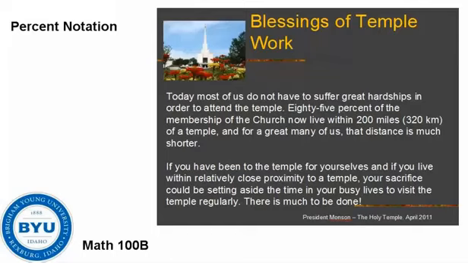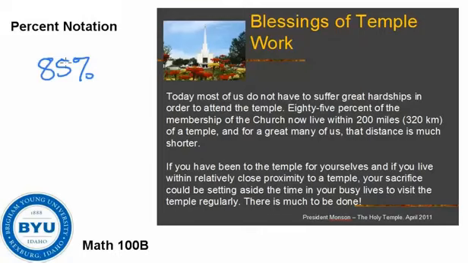Brothers and sisters, this is a great quote, and I love it very much. Not just because of the percent. Notice the percent he gave us is 85%. But also about the power that the temple and the blessings that come from it. Many years ago, it took a long time to build temples. There were people that sacrificed lots of time, lots of money. It took 40 years to build the Salt Lake Temple, and it was a huge sacrifice.